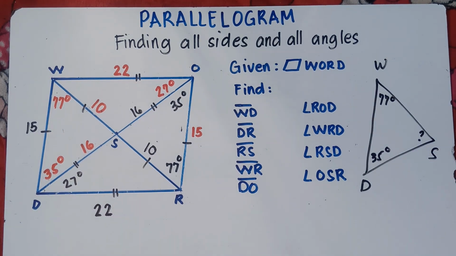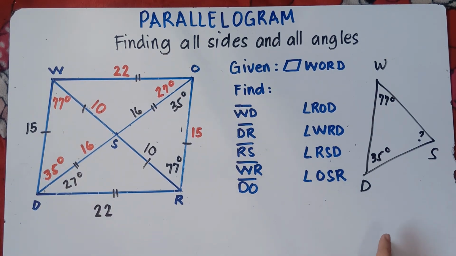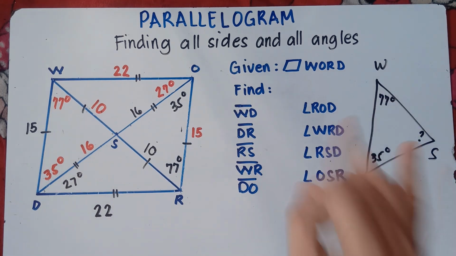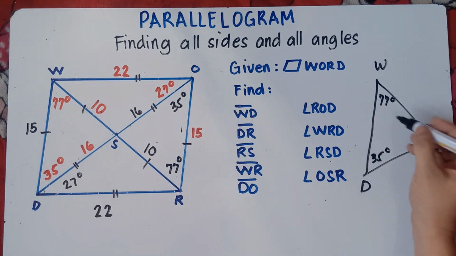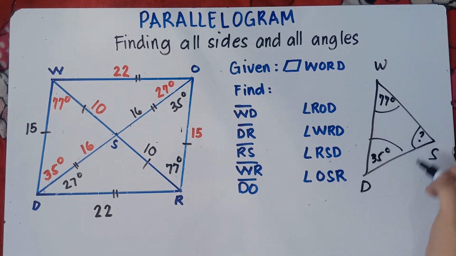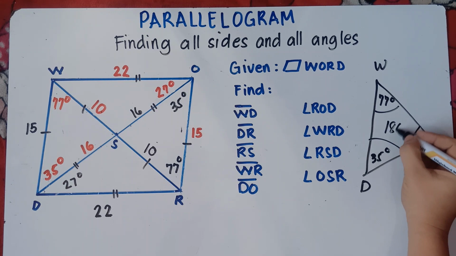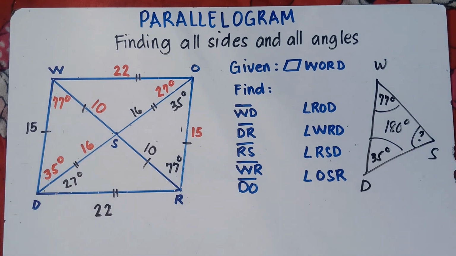Now, always remember, class, that in a triangle, any kind of triangle, class, if it's equilateral, isosceles, scalene, or right triangle, the sum of the interior angles should be equal to 180 degrees. Once again, class, for all kinds of triangles, the sum of interior angles should be 180 degrees.